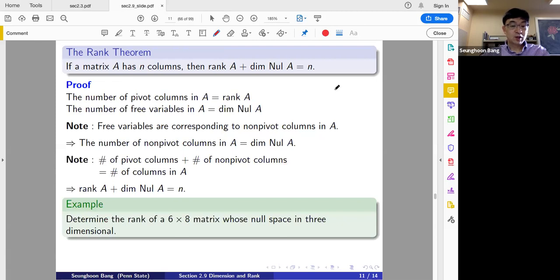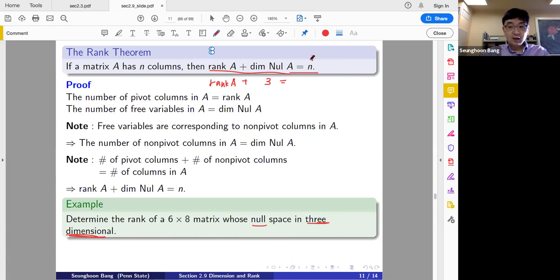Here is an example: determine the rank of a 6 times n matrix whose null space is 3 dimensions. We can use the rank theorem. The null space has 3 dimensions, like 3 free variables. So 3 plus rank A equals n.